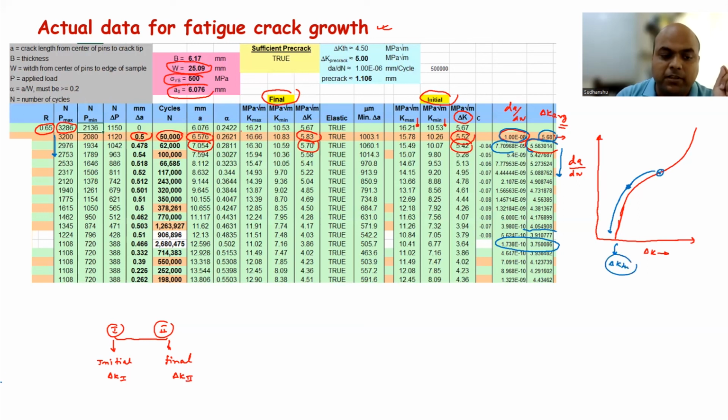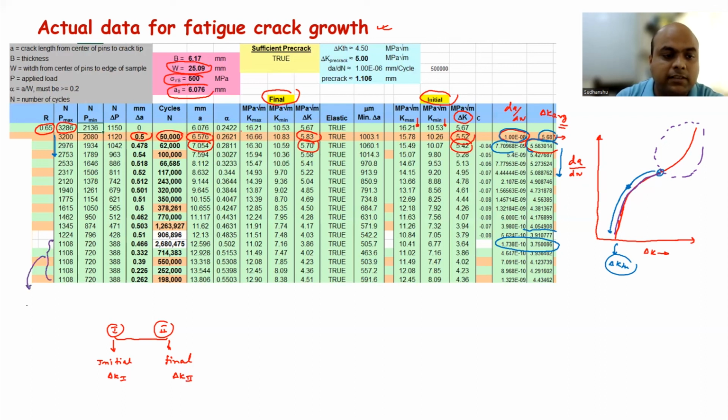Now, after delta KTH has been found, you need to know this part, right? You have already obtained this particular curve based on what we just discussed. To do that, you follow a constant load test.